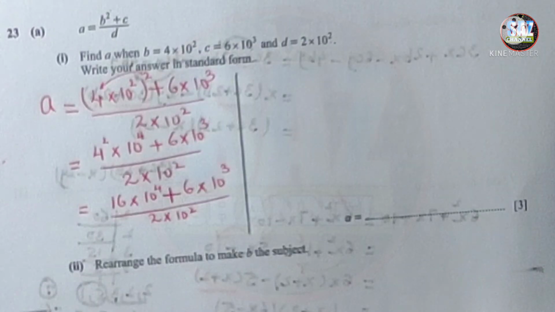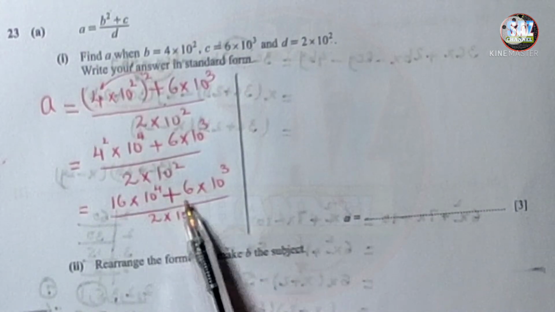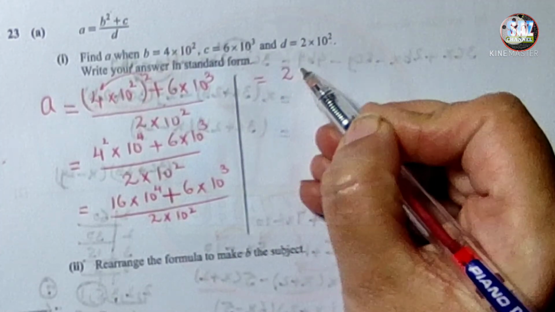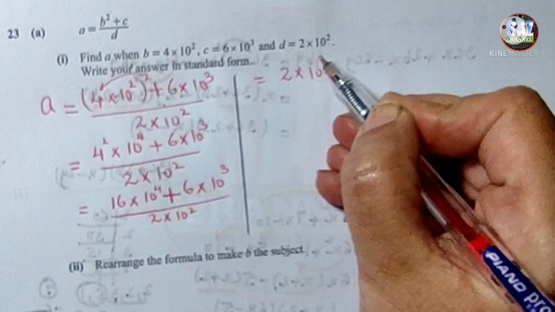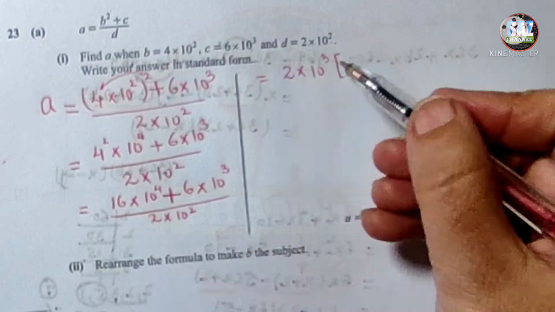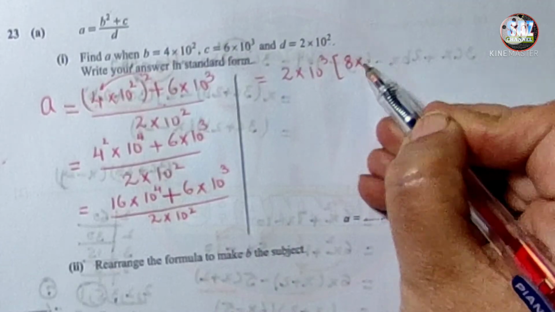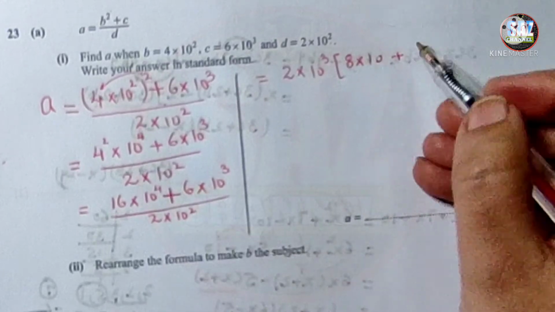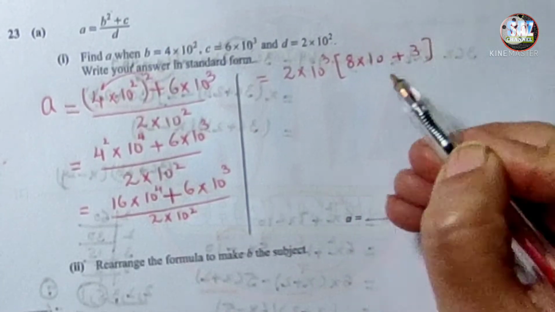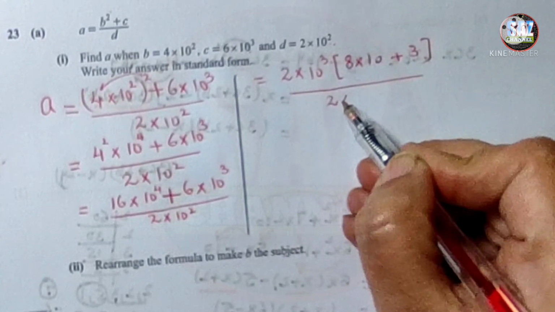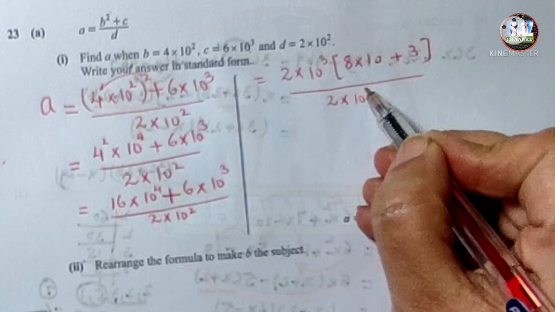Now if we look at the numerator carefully, we can easily pull out 2 and 10 raised to the power 3 as a common factor, and inside the bracket I will be left with 8 multiplied by 10 plus 3, and then in the denominator we have 2 multiplied by 10 raised to the power 2.